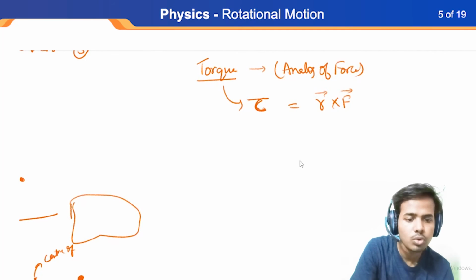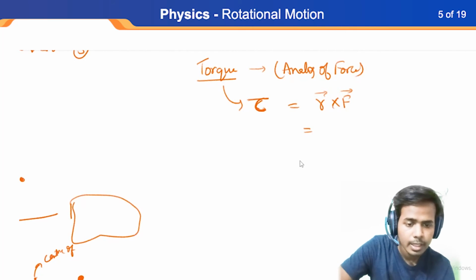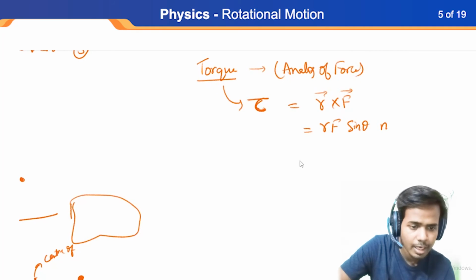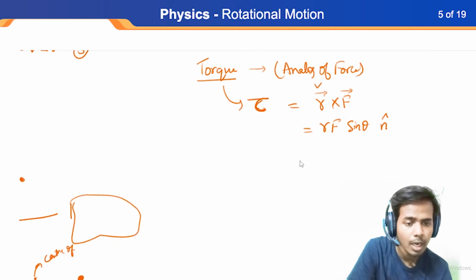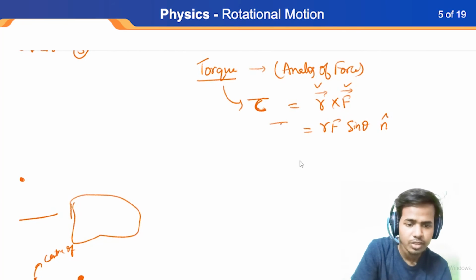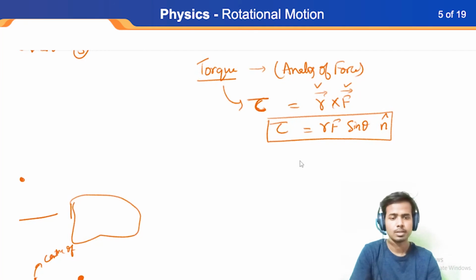Now, if you have two vectors with a cross between them, cross product, it is nothing but rF sine theta n cap, where n cap is the direction which is perpendicular to both r and F, and you have the torque there.